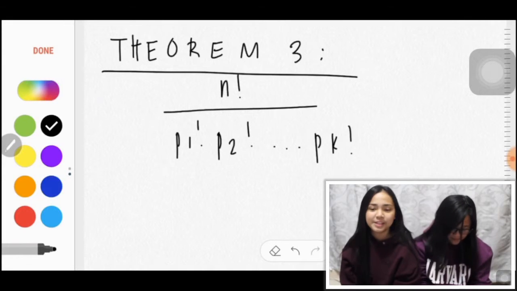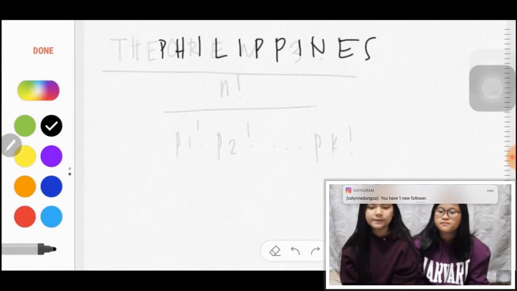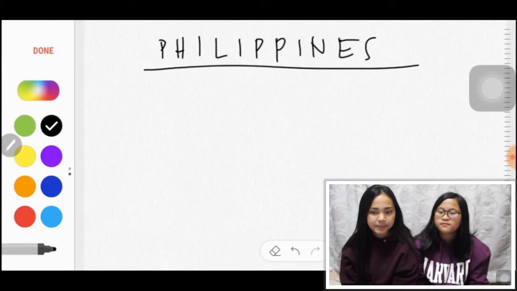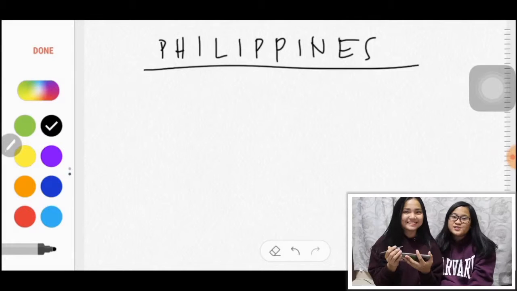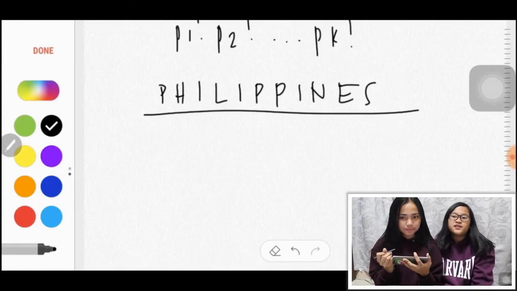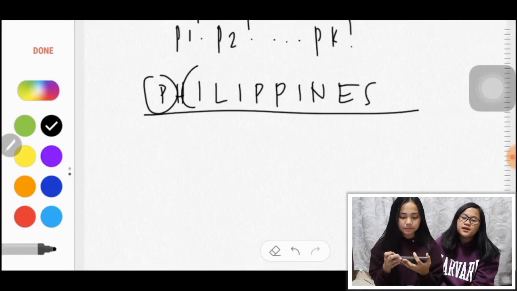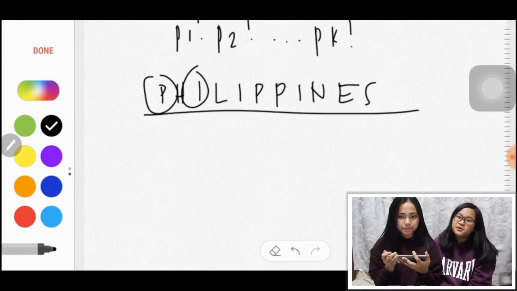The number of permutations of n objects where P1 objects are of one kind, P2 objects are of a second kind, and Pk objects are of the kth kind. For example, we have the word PHILIPPINES, and we have to find its number of permutations. When looking for the values of P, we have to look for the letters that have been repeated.